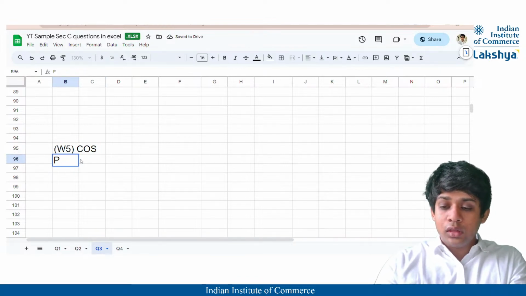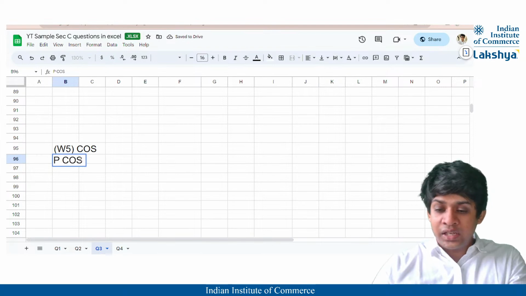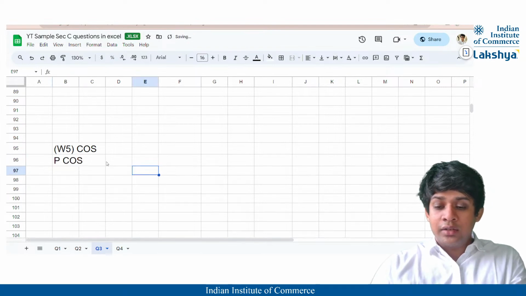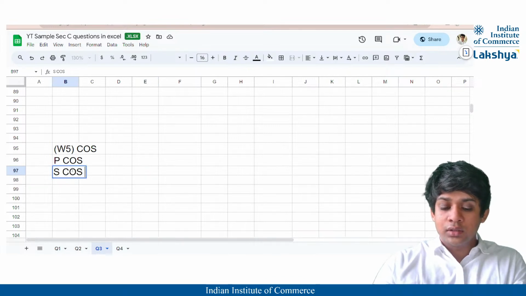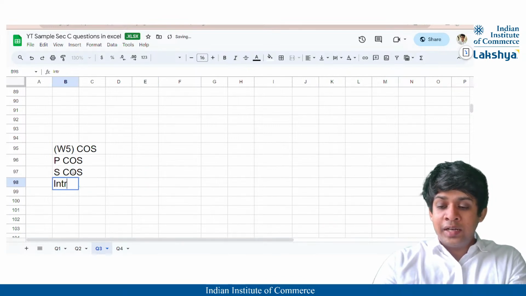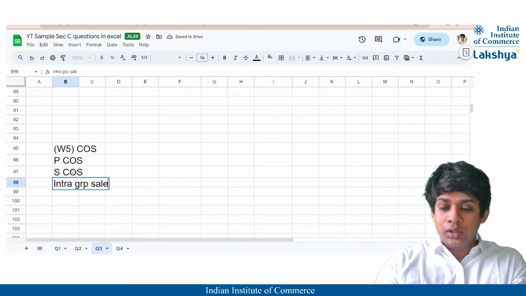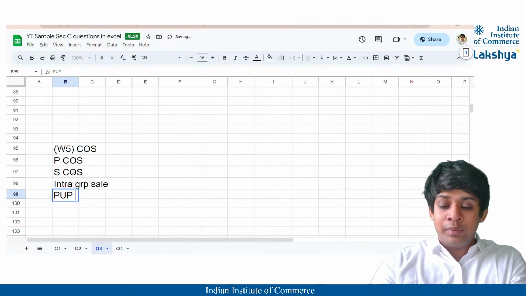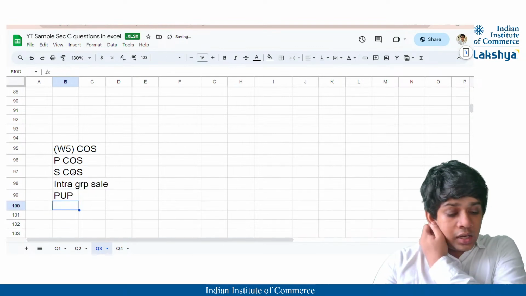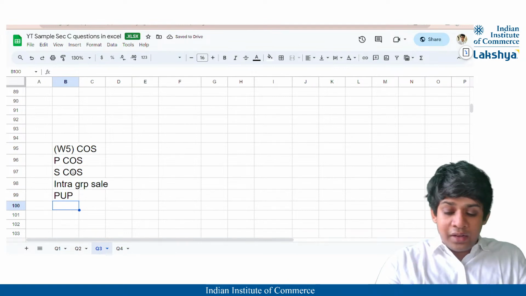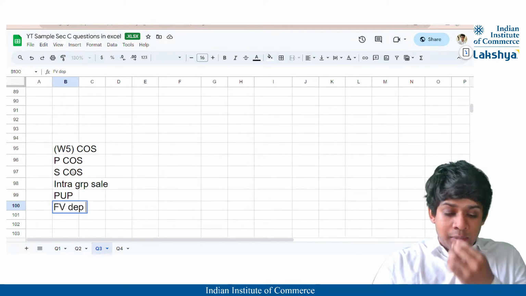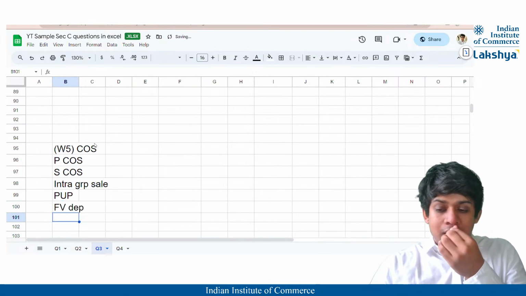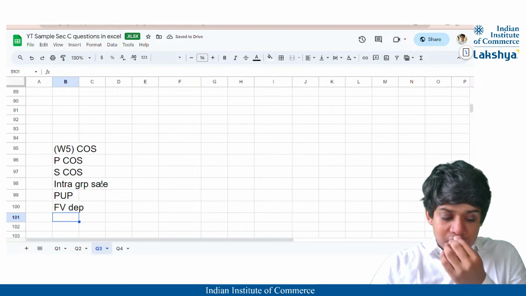So we will first add P's cost of sales, then we will add subsidiary company's cost of sales. Then any intra-group sale will be deducted, then any POP will be added back. Any fair value depreciation is there, for example, fair value depreciation is to be charged, because it will go to your profit or loss, correct?